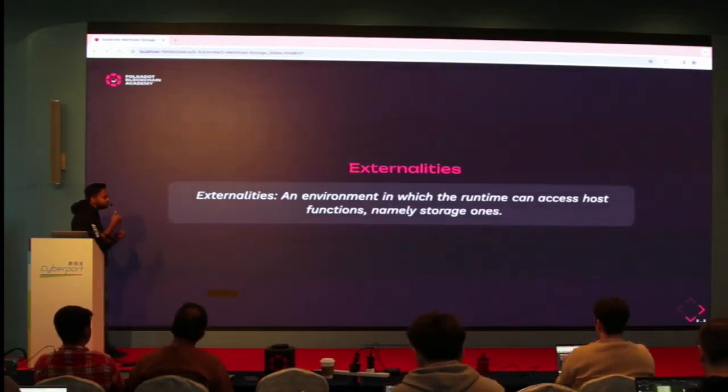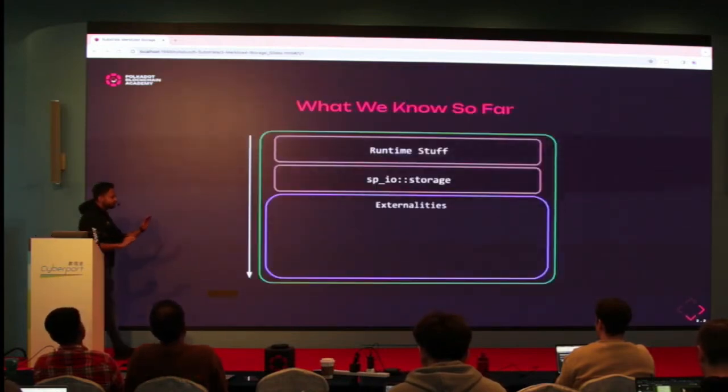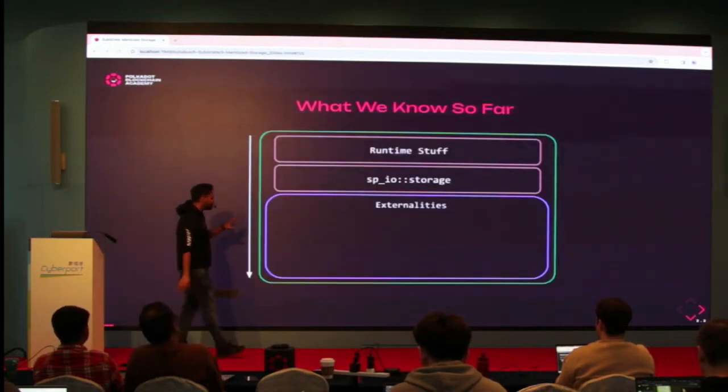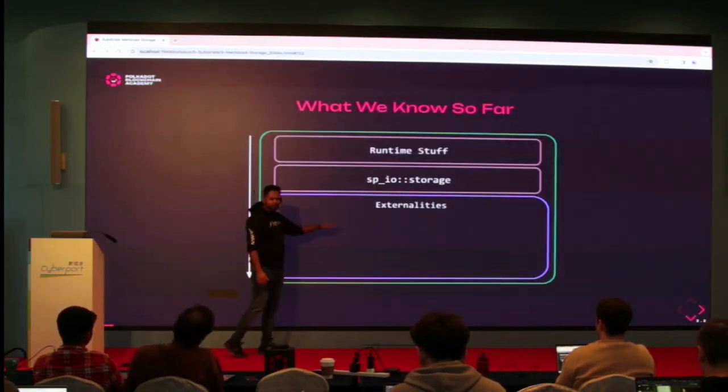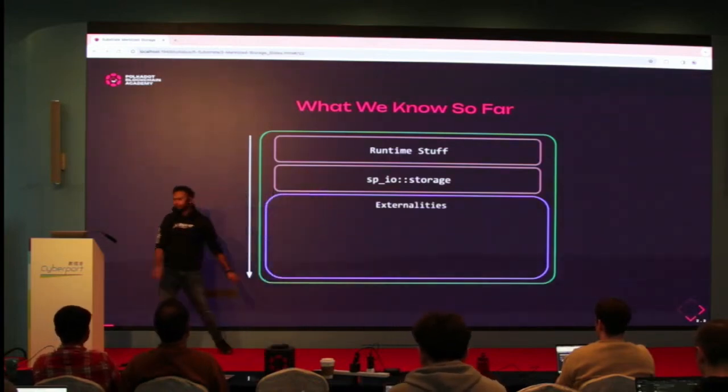So from a runtime point of view, anything that is not in the runtime is an externality. It's just terminology, nothing new. So I can represent the node stuff as externalities. The runtime interacts with externalities and saves the state in the externalities. Make sense?